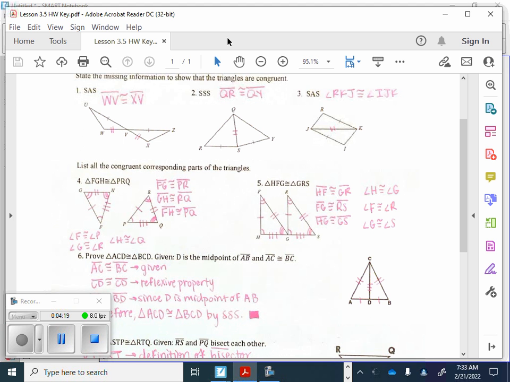Yes and no. Okay. If you name this as VX, then this has to be named as VW, because you're starting with V. Okay. But order necessarily, that doesn't matter. Okay. So you need to have the letters in the same position. But if you have VX first and then VW here, I'm fine with that. That doesn't make a difference. Okay. Leave that alone.